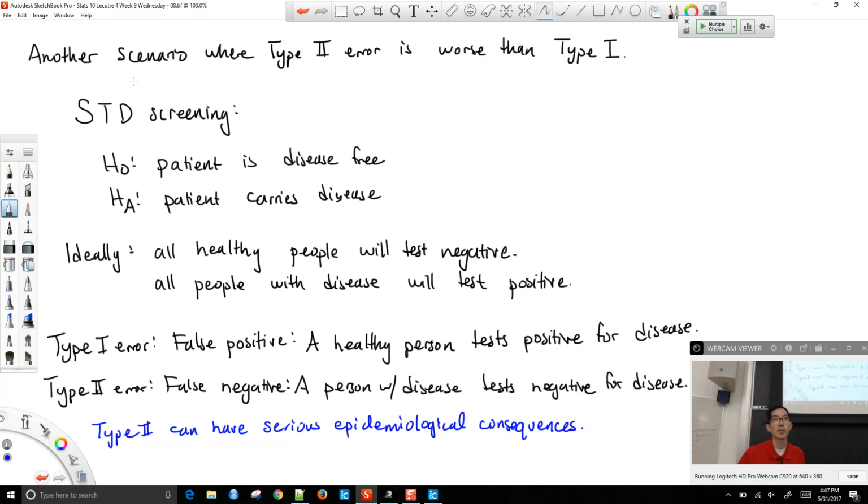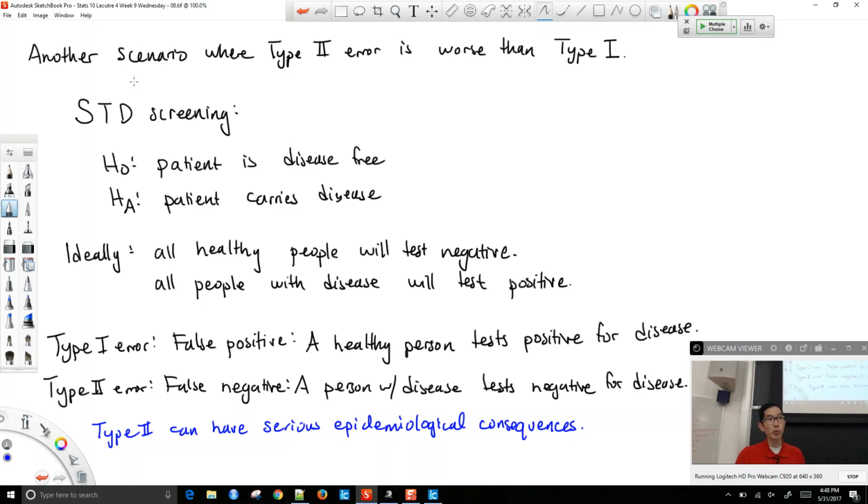Okay, we want to make sure that everybody who carries the disease is identified as such. Same thing goes for cancer screening. If somebody actually has cancer, we want to detect it early. We don't ever want to tell someone who actually has cancer, oh, you're fine, you're healthy, come back next year, and that could actually cause the cancer to worsen.